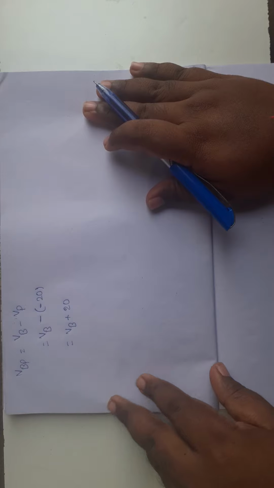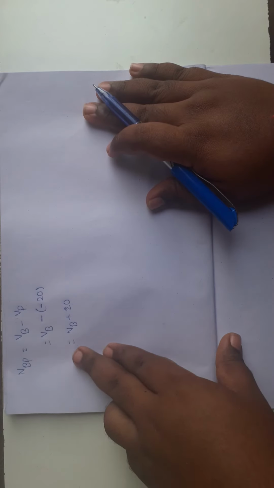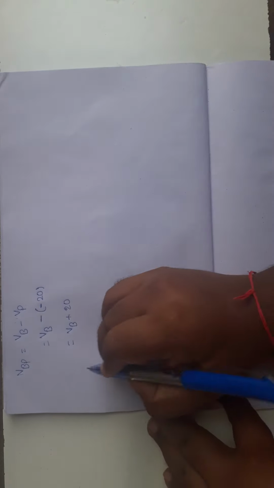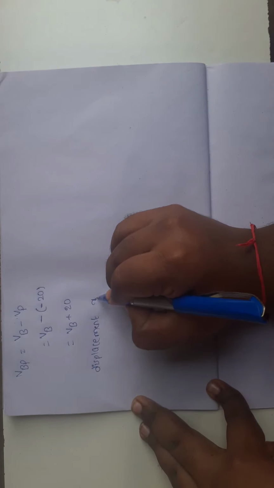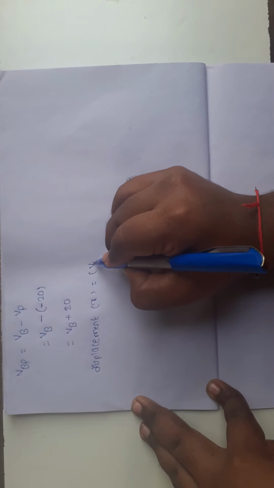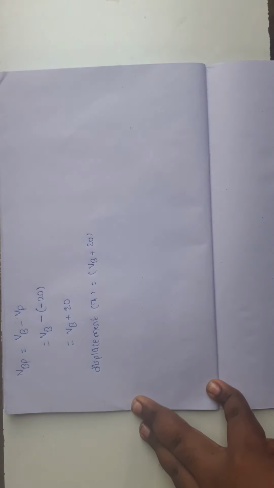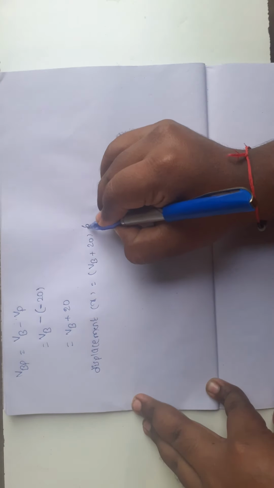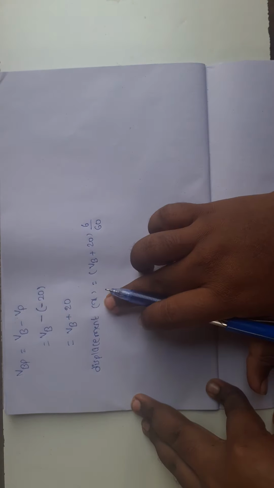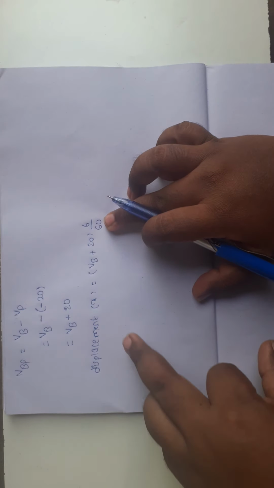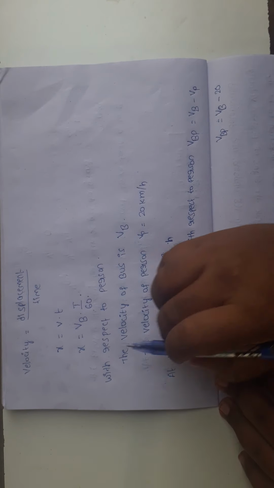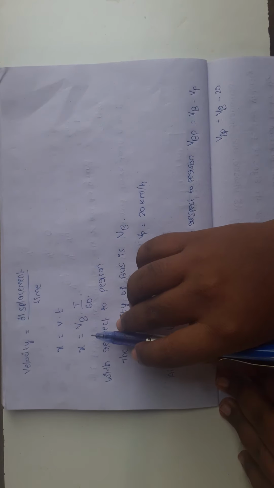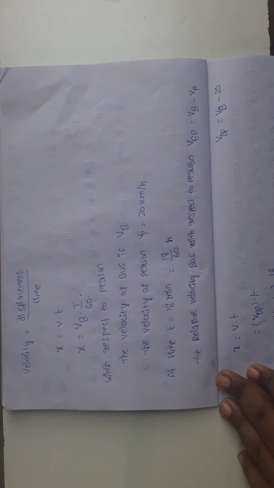We know that at 6 minutes, with time value and velocity value, we can easily find the displacement. x equal to velocity value (VB plus 20) and time value 6 by 60. So this is the displacement value at 6 minutes with respect to the person, and this is the displacement value with respect to ground. So I am equating these two.